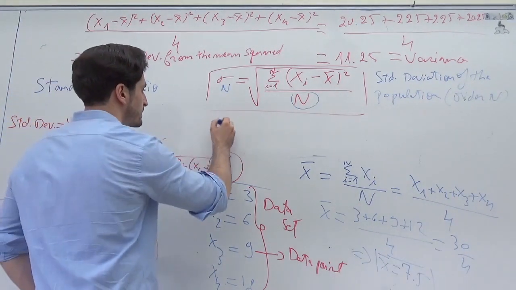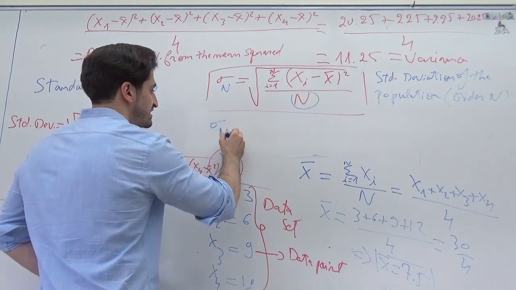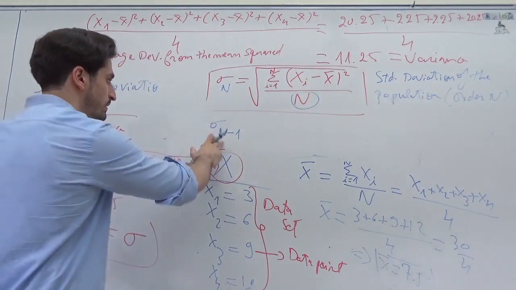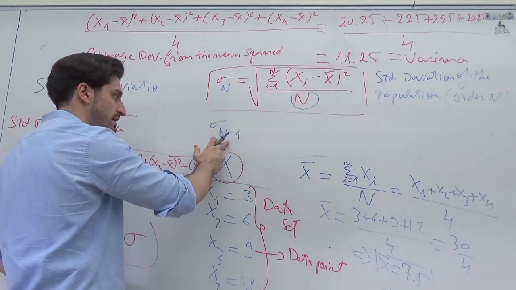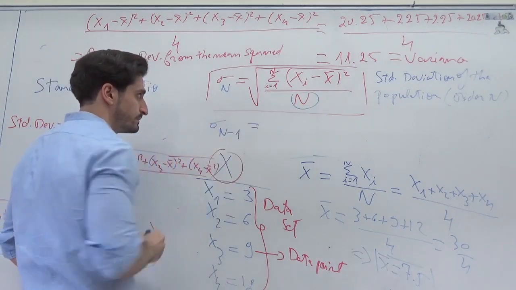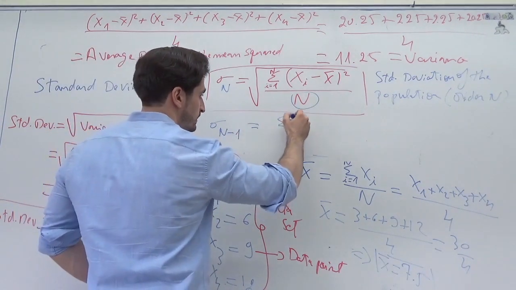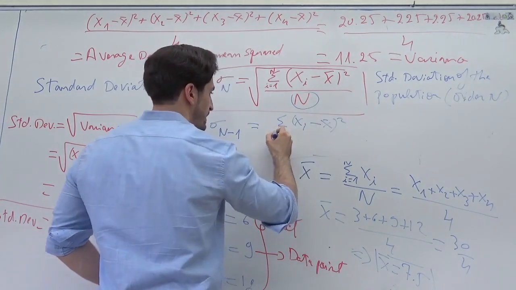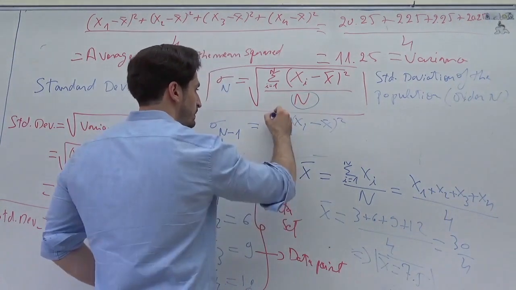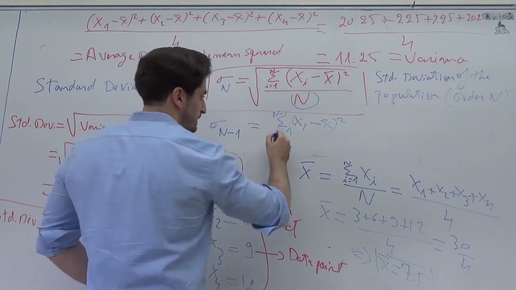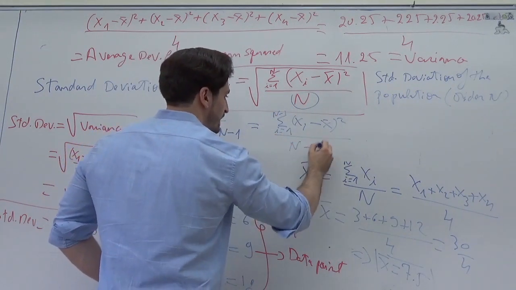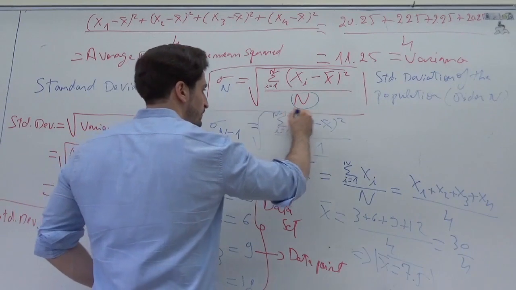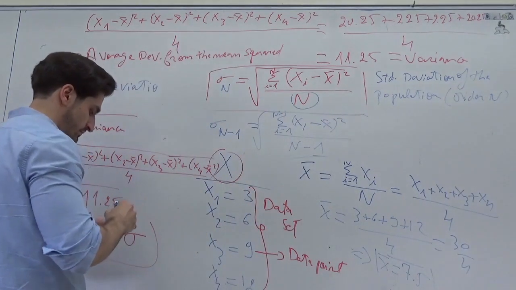So in that case, the equation becomes sigma of order n minus 1. So we are no longer at order n, but rather at order n minus 1, equal to summation of xi minus x bar squared, where i goes from 1 until n minus 1, divided by n minus 1 trial, and square root for that entire equation.